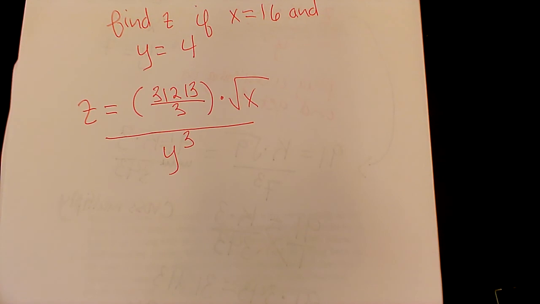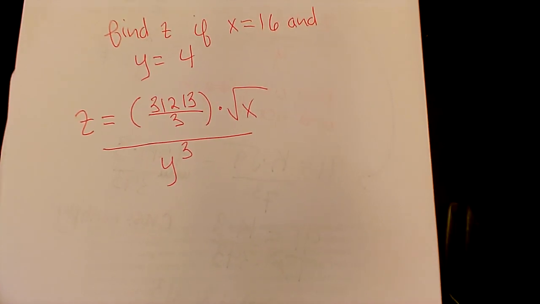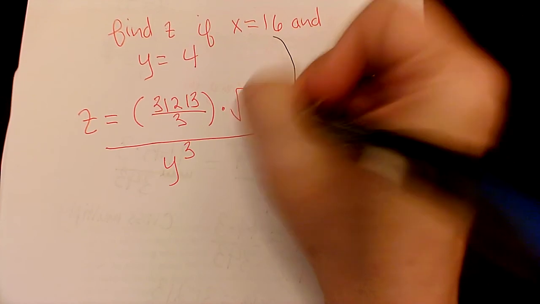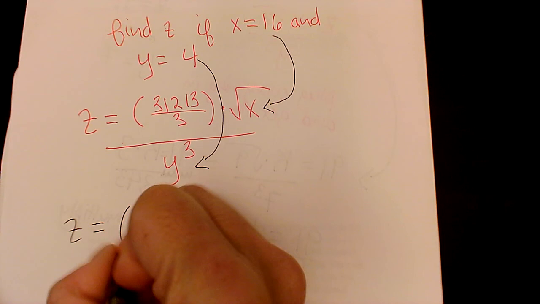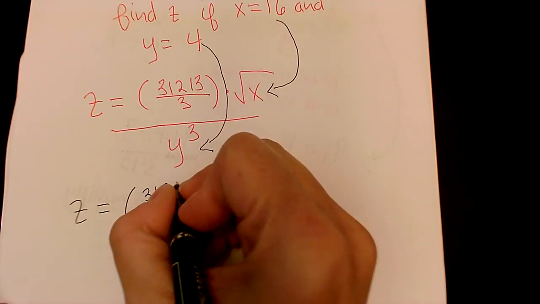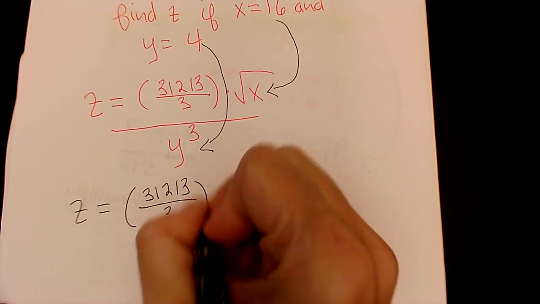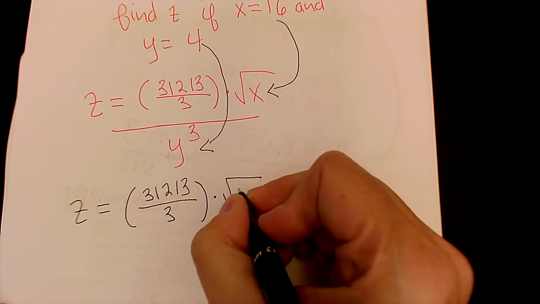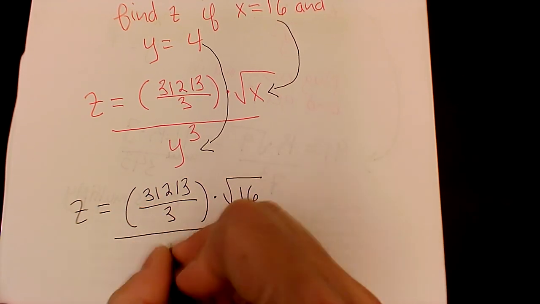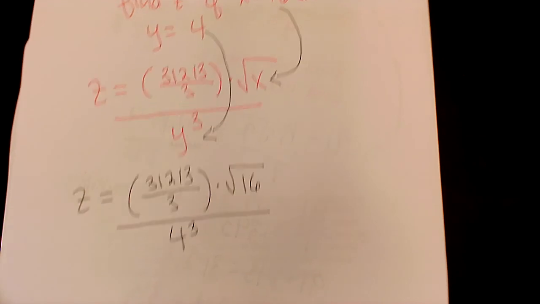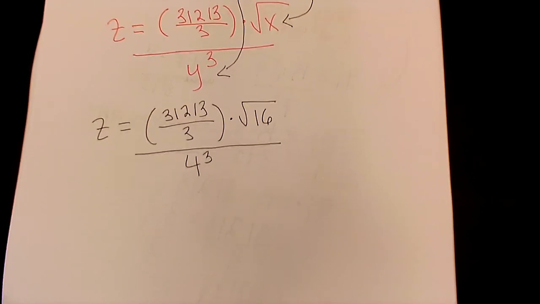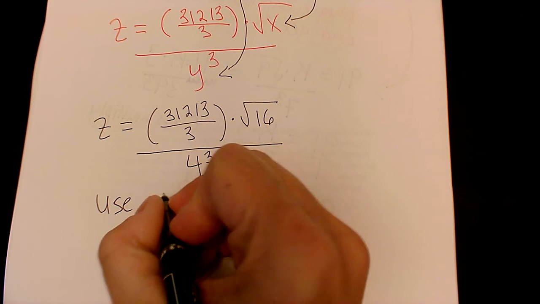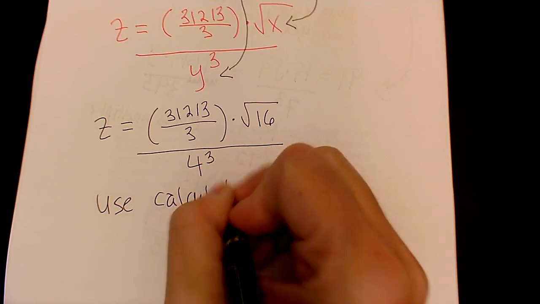Okay, so we want to find z if x is 16, so 16's going in here, and 4 is going in here. I'm just plugging all these in. Just plug in the 16 for X and the 4 for Y. Now we really got to use the calculator on this. This is really too messy.